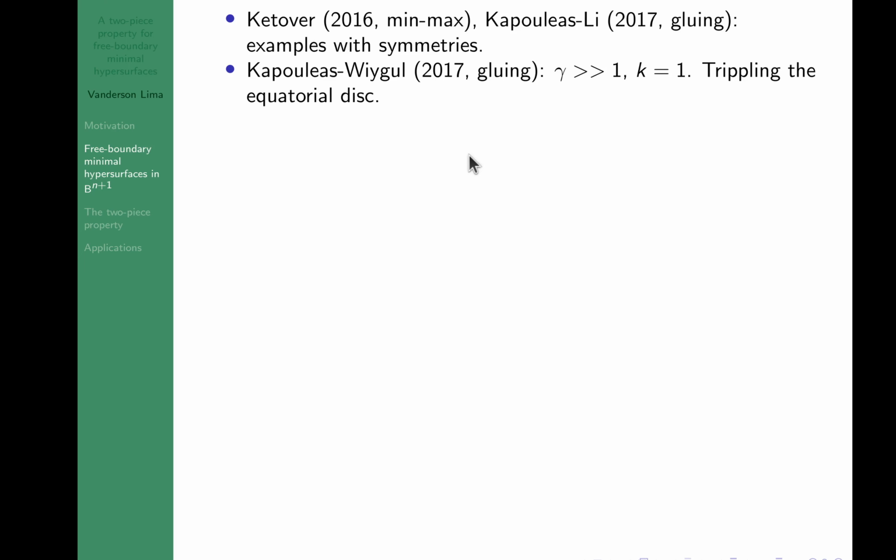And the idea is now, instead of doubling the equatorial disk, they consider three copies of the equatorial disk and try to join them in such a way that now the boundary is connected. And then Carlotto, Franz, and Schulz, using the min-max technique, actually proved that for any genus there is a free boundary minimal surface in the Euclidean three-ball with connected boundary.